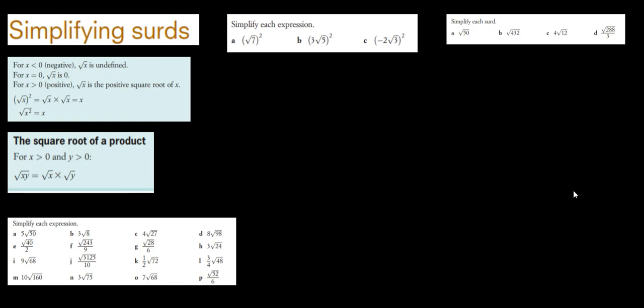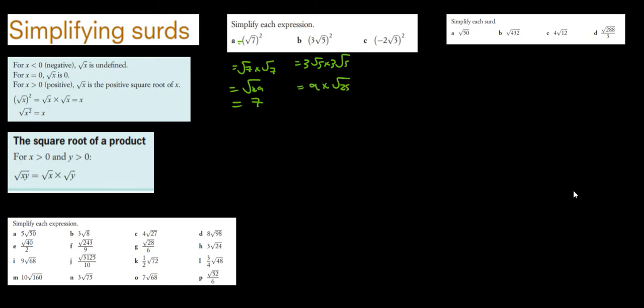Okay, so hopefully you've done that now. So this is just the root of 7 times the root of 7. If we really want to show workings, this is 3 root 3 times 3 root 5 root 5. 3 3s are 9.